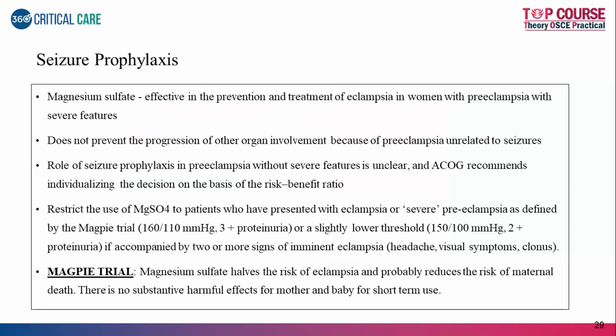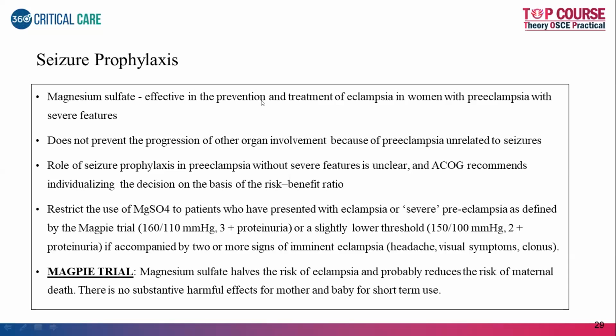Then comes seizure prophylaxis. This patient still has no seizures, but is there a role of seizure prophylaxis in preeclampsia patients? So we are going to see. What seizure prophylaxis do we usually give for eclamptic patients? It is magnesium sulfate.